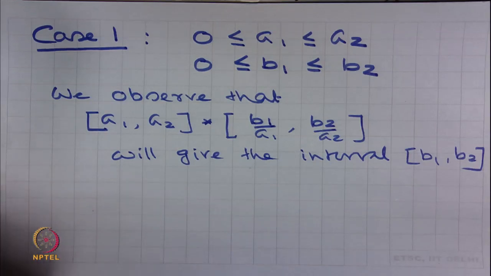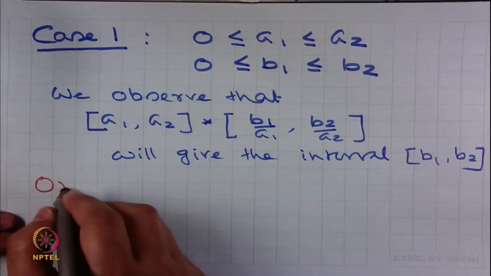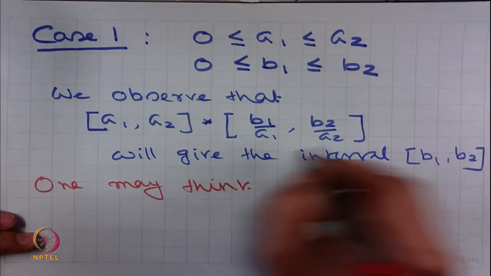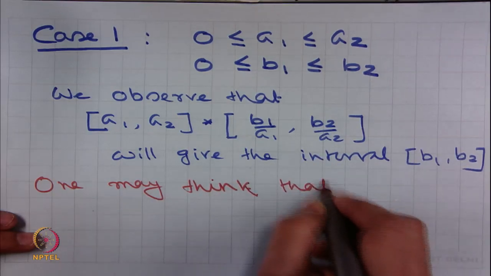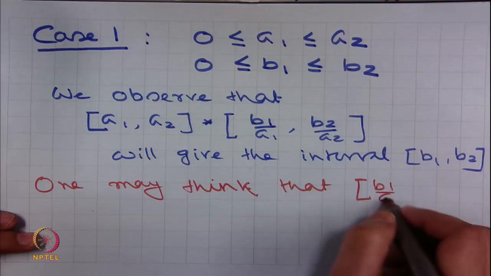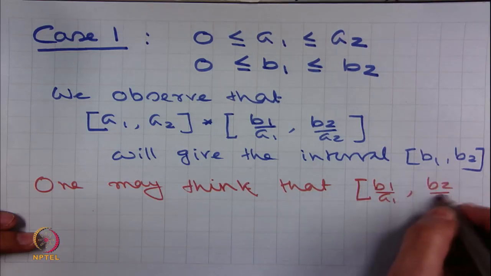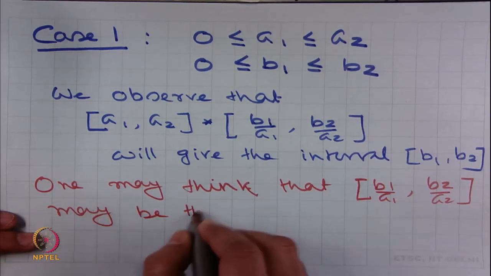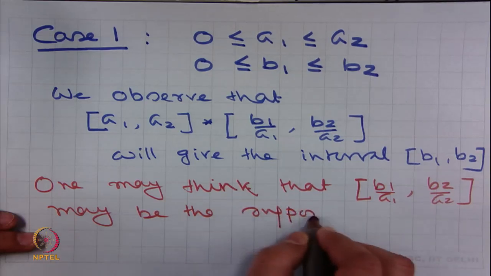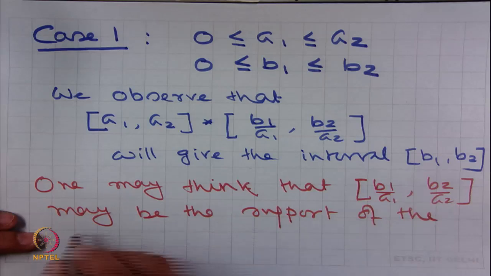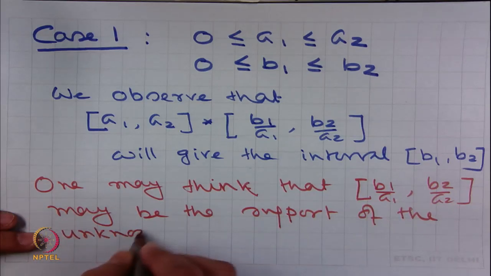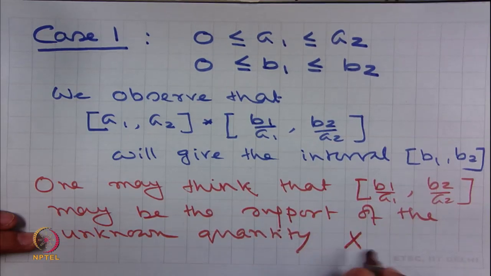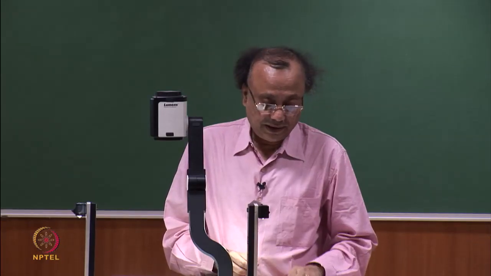Therefore, one may think that B1 upon A1 comma B2 upon A2 may be the support for the unknown quantity x.